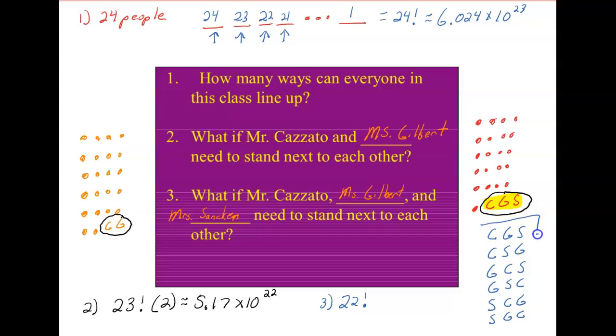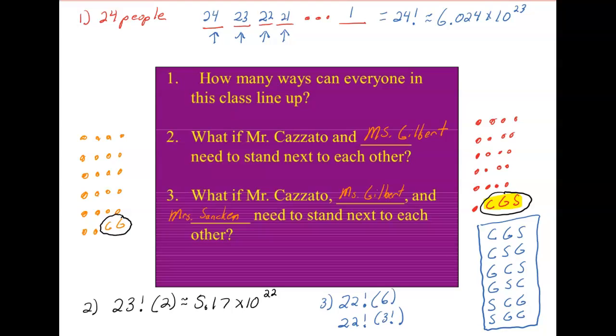So if you look at what I just wrote here, that I'm putting this box in blue, there are 6 ways that we could be rearranged. So I'm going to multiply by 6. And some of you might be saying, well, that 6 is really 3 factorial. Because how many ways can the letters C, G, and S be rearranged?